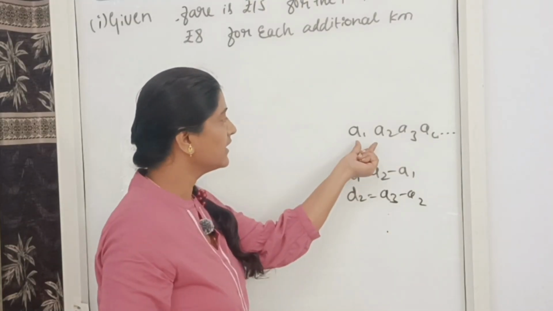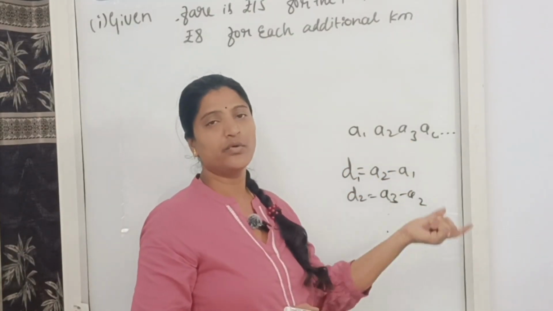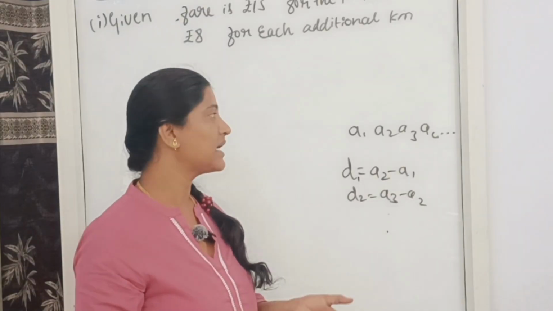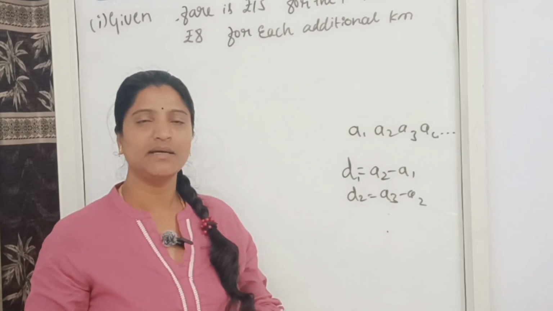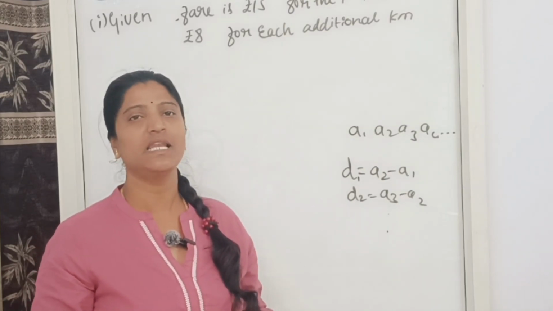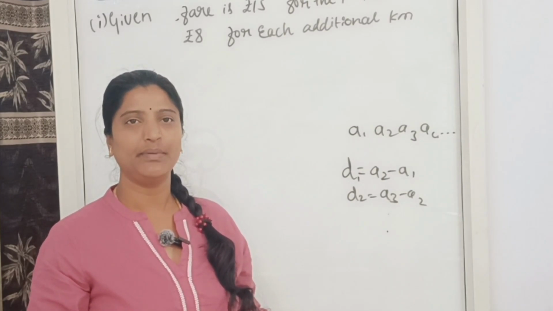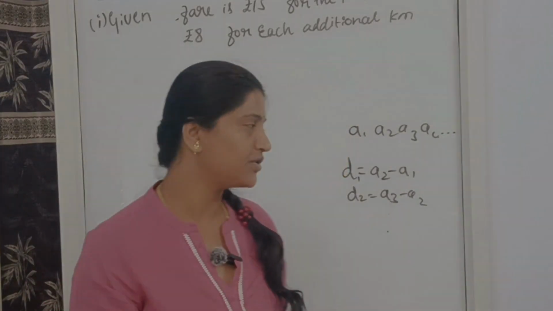So if the fixed number we add to the successive terms, the common difference between two successive terms, is equal, then that number list forms an AP, or else it is not an AP. Let us see the first question here.